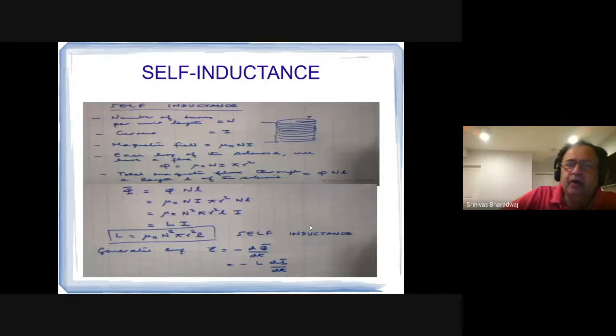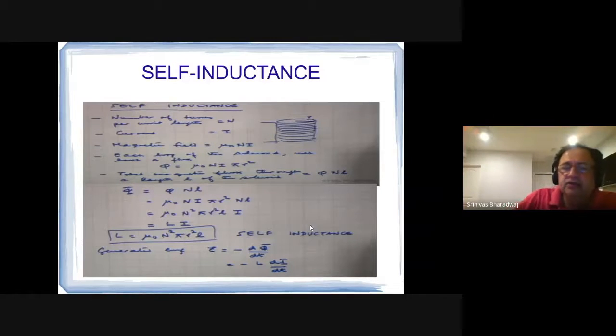Now we come up with this idea of what is called self-inductance. I produce a changing current in a solenoid. It will then induce a changing current as well.